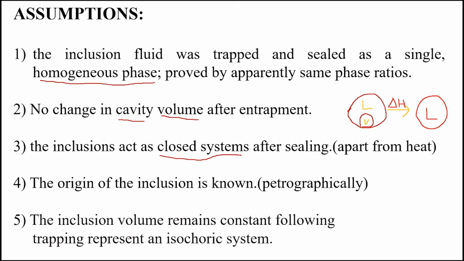After sealing or entrapment of the fluid, there will be no change in mass, but there will be some exchange in heat with cooling of the mineral. Now the fourth one is we can know the origin of the inclusions by studying the petrography of the rock and the minerals in which the fluids are included, whether it's a primary fluid or a secondary or pseudosecondary. We can know that.